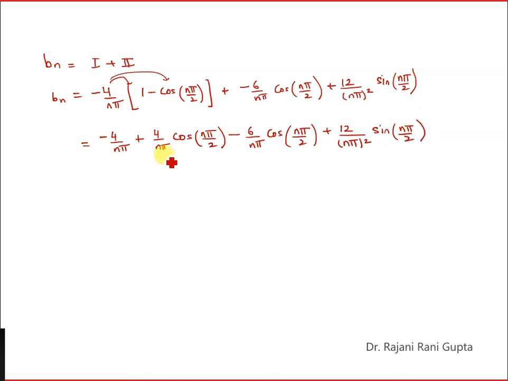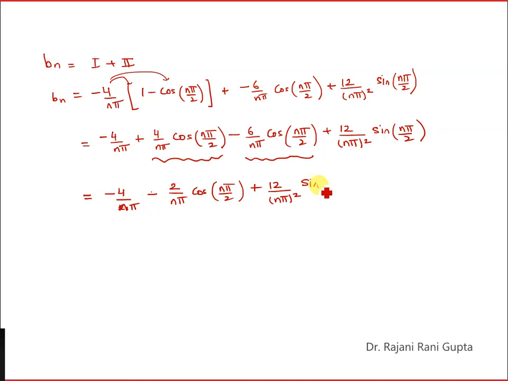Now we can see these two terms are the same. See, here it is plus 4, here minus 6. So we can combine them and we are left with minus 2 over n pi cos n pi by 2 plus 12 over n pi square sine n pi by 2. This is the value of Bn.